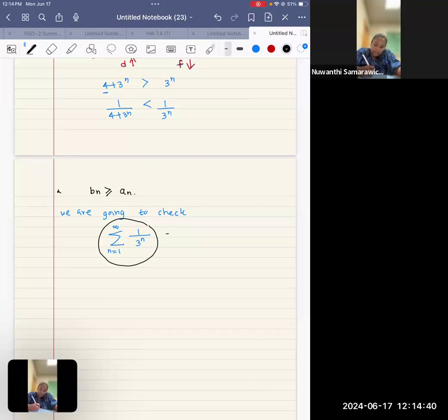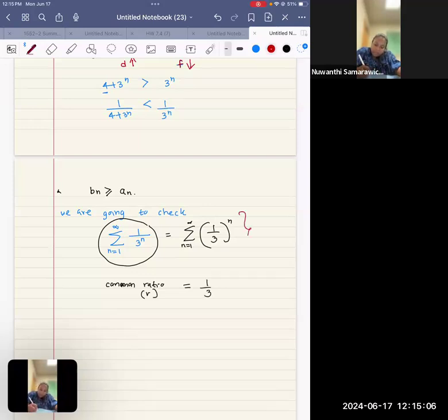Yes, very good. So this is a geometric series, right? Because we can write this series as 1/3 to the power n. Then the common ratio R is 1/3.